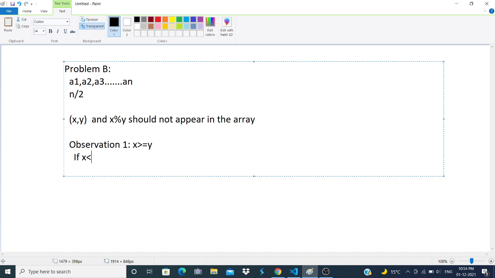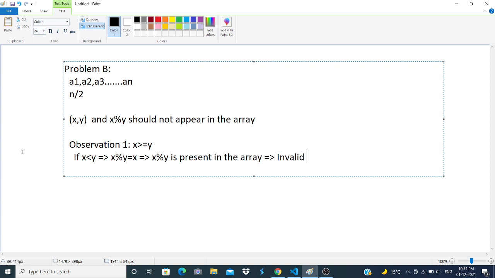Because if we assume that x is lesser than y, then x modulo y will be equal to x, because any smaller number modulo a larger number is the smaller number itself, right? But x modulo y is x, and x is one of the array elements, so that implies x modulo y is present in the array, which is invalid.